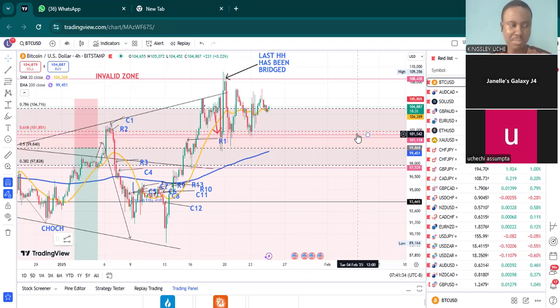Gold. Okay, these are the pairs, and GBP JPY. These are the pairs we've been working on for close to 3 weeks now, right? These are the pairs which are open and which are the second phase of my strategy. Okay, so now I'm going to be talking on these three pairs which are in the first phase.